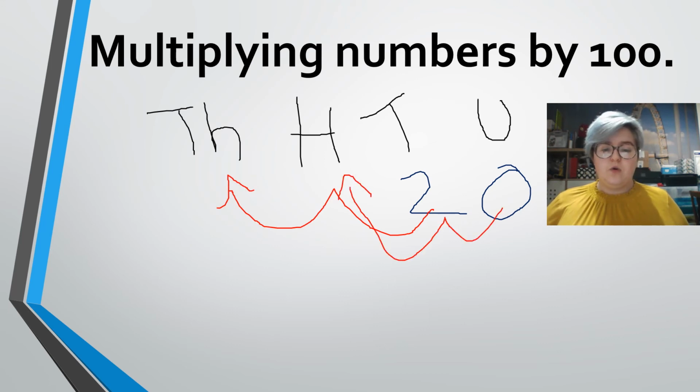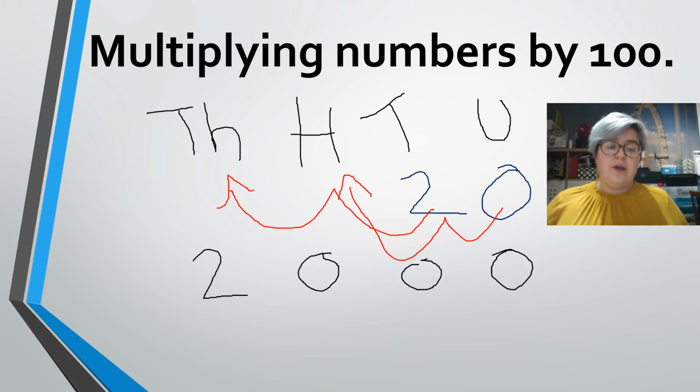So we've got 2 going to the thousands, the 0 going to the hundreds, and then there's 0 in the tens and 0 in the units or the ones. So when you've got a number like 20 and you times that by 100, it's now going to have 3 zeros because there already was a 0 there. So it's now 2000 instead of just being 20, because we've timesed it by 10 to get 200, and then times it by 10 again to get 2000.